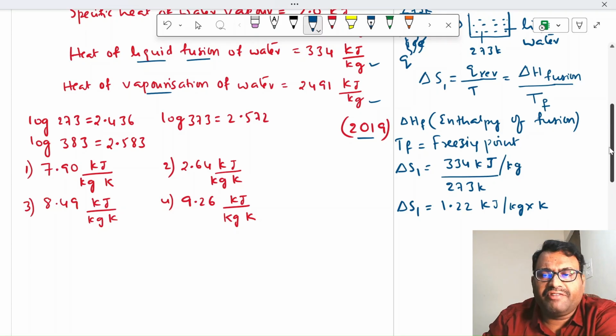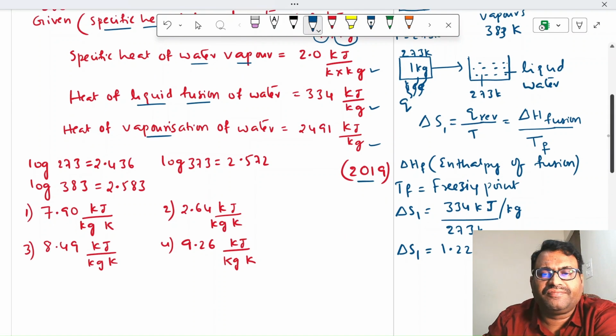So we have calculated the change in entropy for the first process. What is that first process? When you start heating ice, it slowly converts from solid state to liquid state.